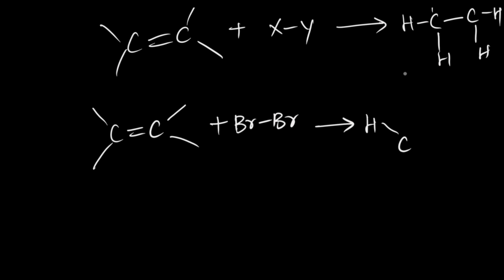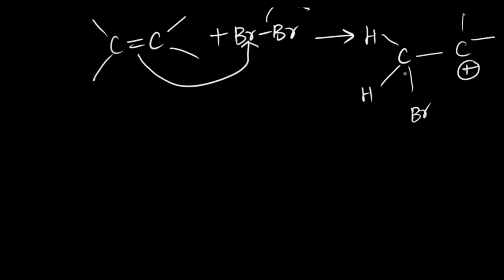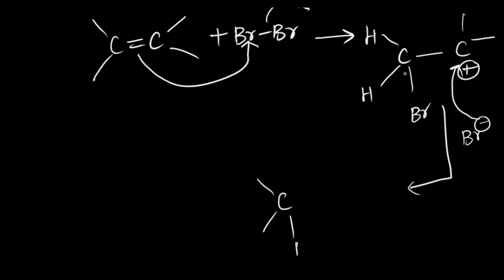The Br first attacks the electron rich bond, so another Br leaves the compound and forms a carbocation. Next, the eliminated one attacks the carbon so that the product will be like this.